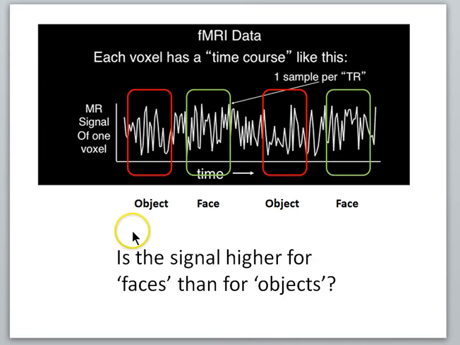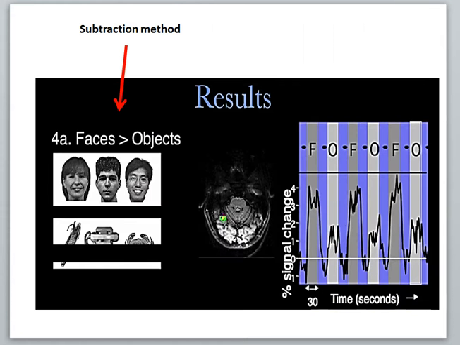will you find a difference in activity in that particular voxel? So when Kanwisher shows us some data like this, she has found that this area here in the fusiform, the right fusiform gyrus, and we're going to call it the fusiform face area, right, shows significantly increased activity for faces over objects. Faces over objects.